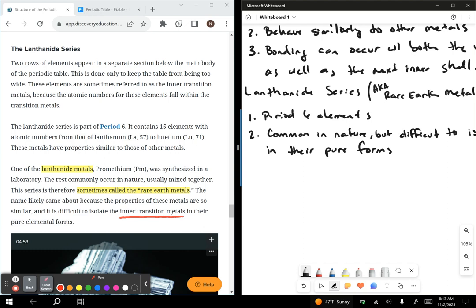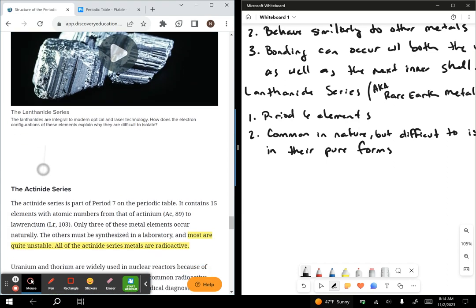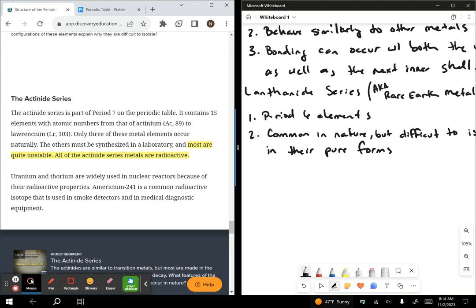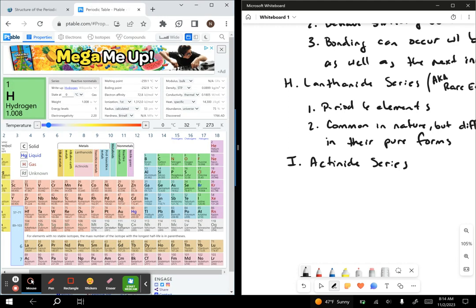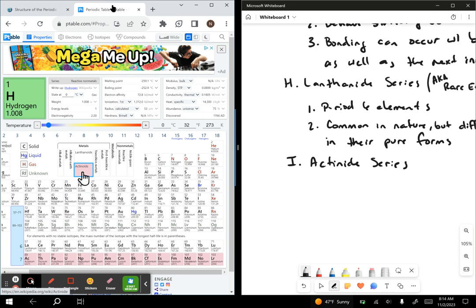And let's move on here to the bottom, where we're going to talk about the man-made elements. At the very bottom here, the actinide. This is going to be letter I. And if we take a look here at a periodic table, you can see that the actinide, if I kind of highlight that, they're at the very bottom, row number 7 in that rose color. Okay.